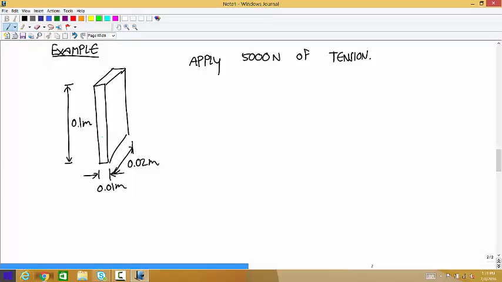So let's call this the x-axis, this the y-axis, and then the z-axis is coming out.